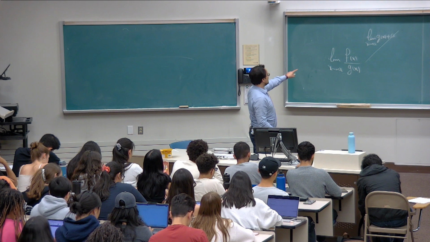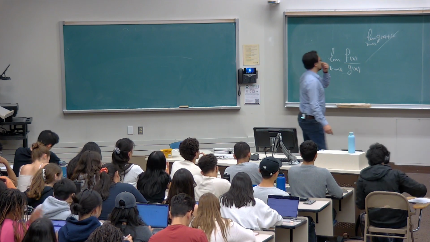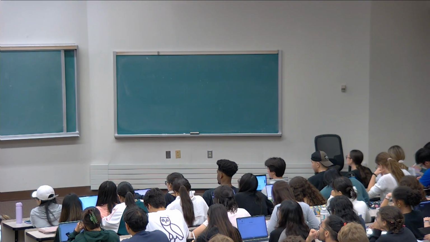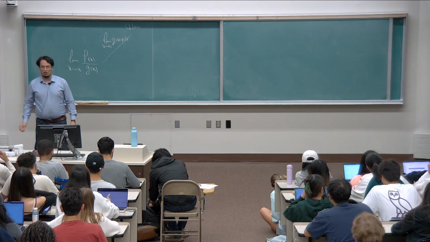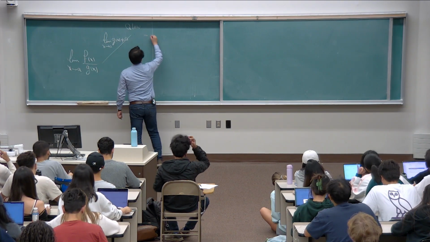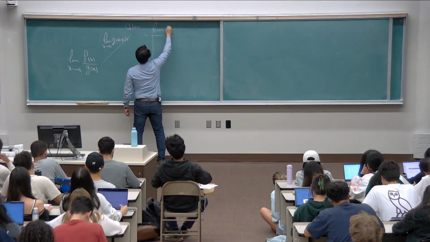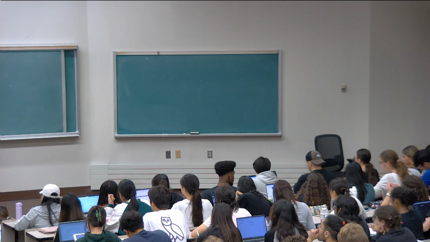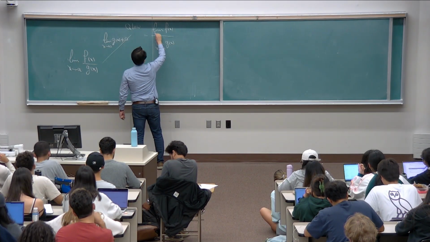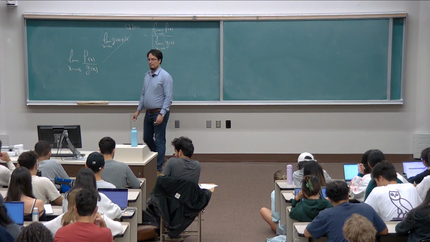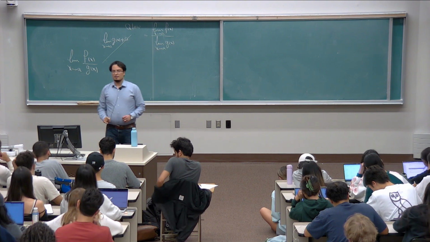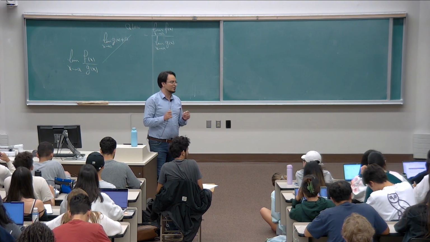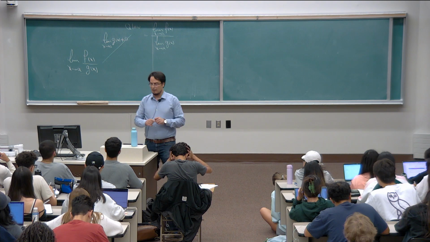Now, if the limit of the denominator is not zero, we can apply the quotient law and evaluate the limit as the limit of the numerator over the limit of the denominator, as x approaches a. That's the good day of Calculus 1000, when the denominator has a non-zero limit.